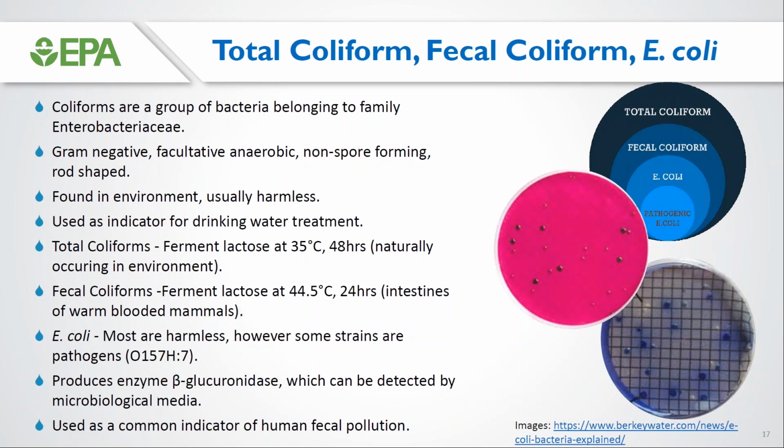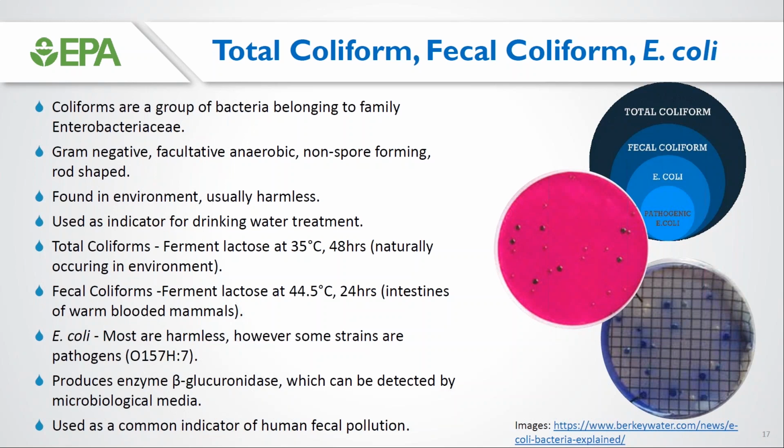They've been used widely as indicators of treatment and disinfection. And why do we use these organisms? Well, we use them because they represent a class of bacteria that can be pathogenic and also are commonly found in waters that are polluted. So this makes them a good indicator.